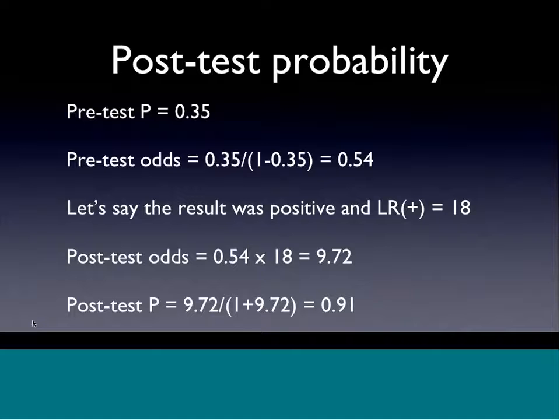So your post-test odds will be the pre-test odds multiplied by 18, which will give you 9.72. When you turn it back to probability, you have 0.91. So you went from 0.35 to 0.91, a 35% probability of having disease to 91% probability of having disease.